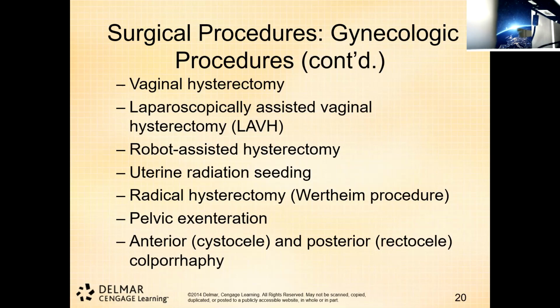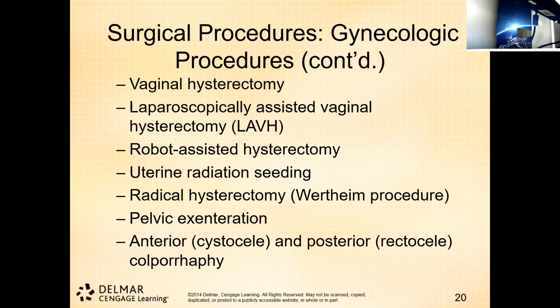Uterine radiation seeding is a procedure that's normally done for individuals that have cancer and are trying to get rid of the cancer through some type of radiation therapy. The radiolucent seeds are normally implanted temporarily or permanently to treat uterine cancer. They are useful for shrinking a tumor preoperatively for a tumor that is non-resectable, or for destroying the rest of the tumor postoperatively.